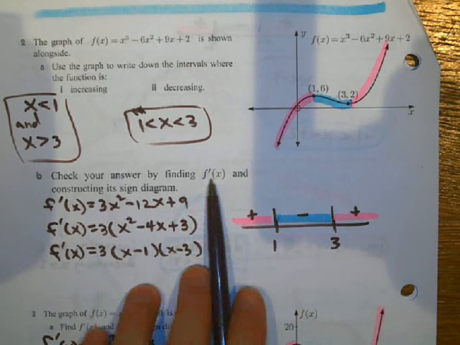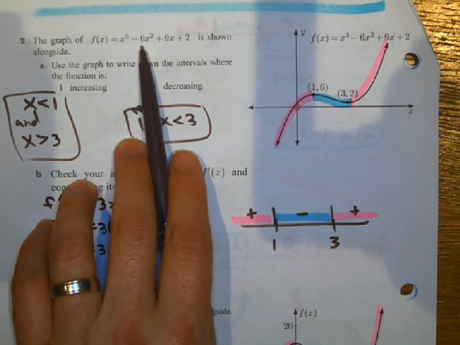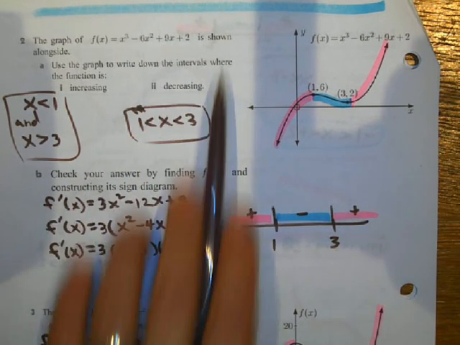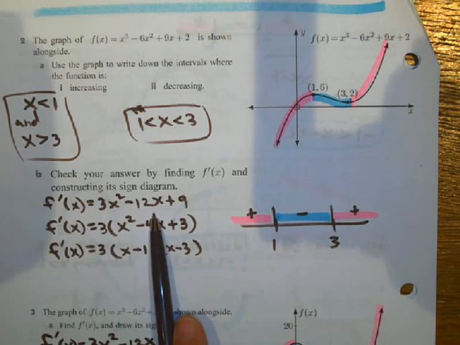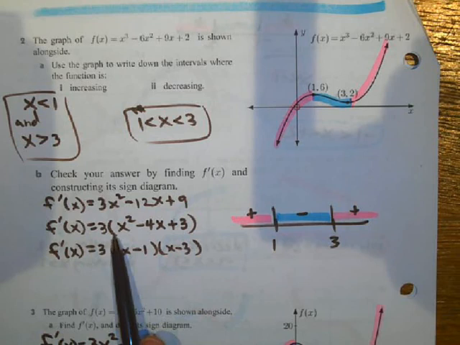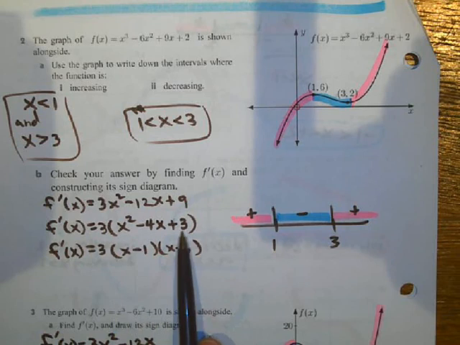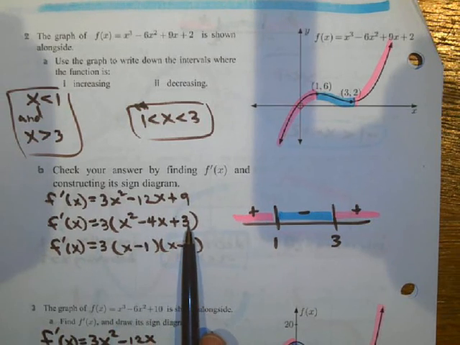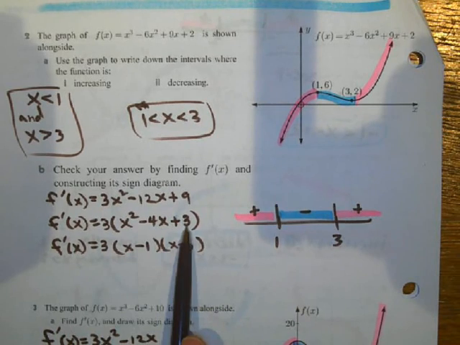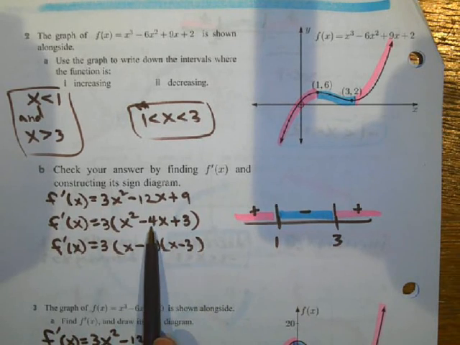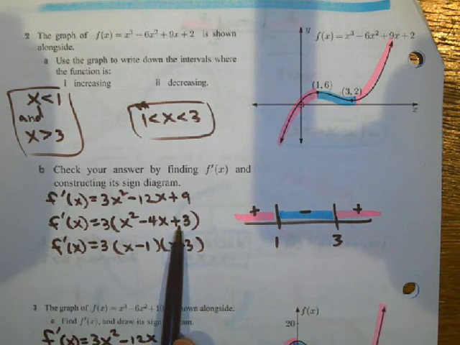So if I take the derivative of x cubed minus 6x squared plus 9x plus 2, I end up with this. And then I see, oh, look, I can factor out the 3. And then I get x squared minus 4x plus 3. And then I say, oh, look, I can factor this. What two things multiply to give me 3 and add, because it's plus, to give me 4?